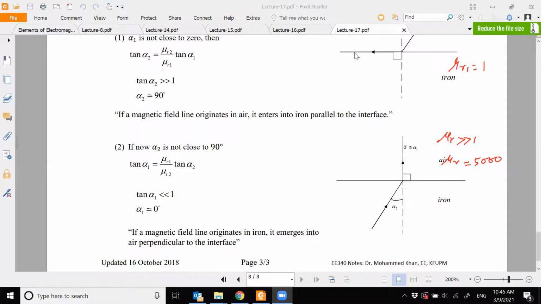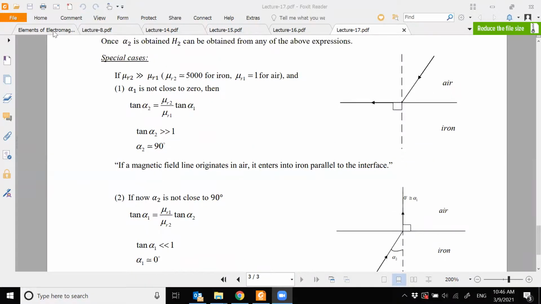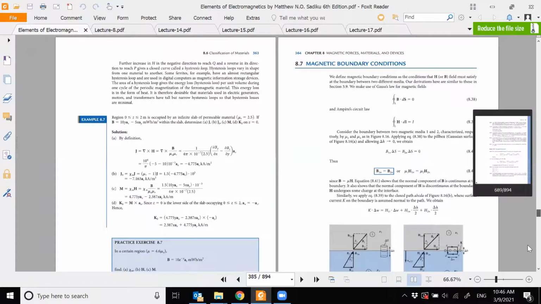And remember, all our angles are with respect to the normal to the boundary. Okay, so these are the examples of our magnetic boundary conditions.